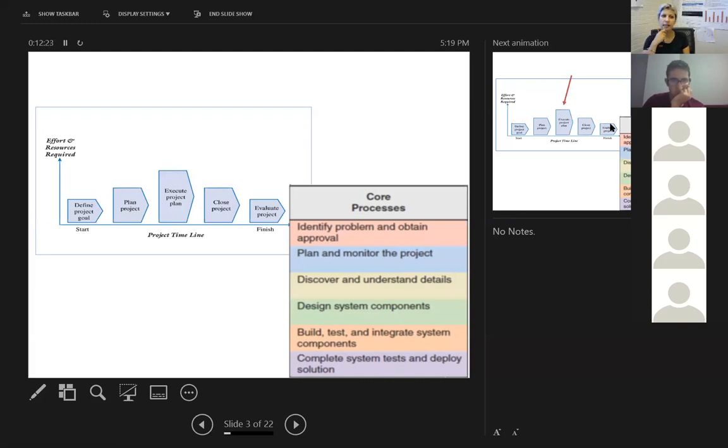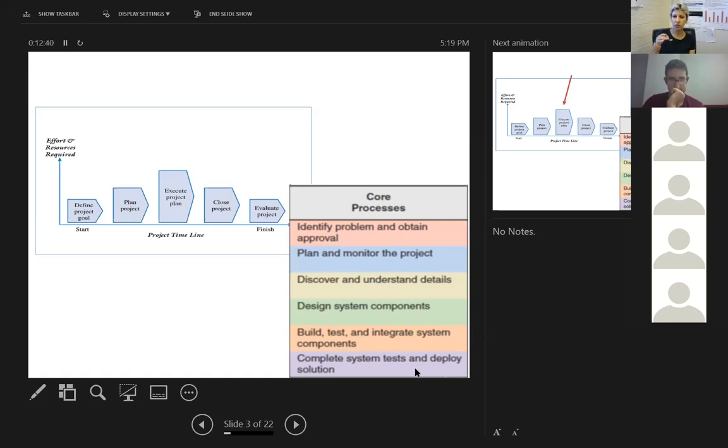We talk about SDLC phases. There is a little bit of problem definition, planning at the beginning. Then we go to discovery phase, which we call analysis, then design, build, test, integrate, and deploy and maintain.